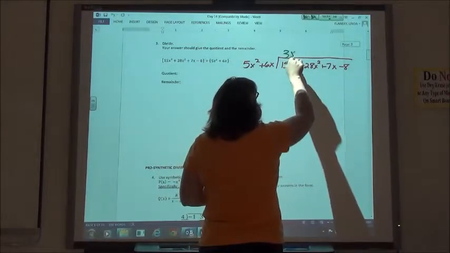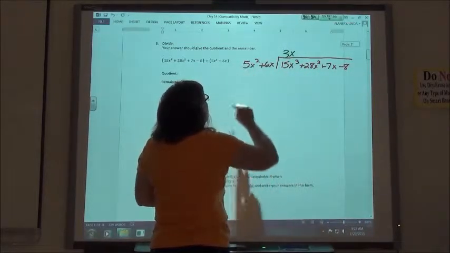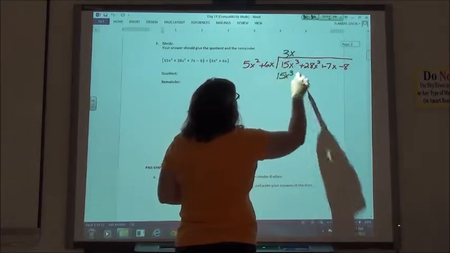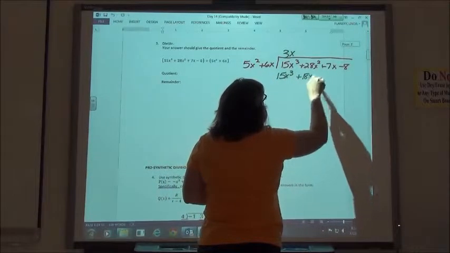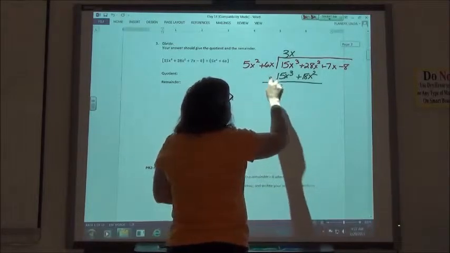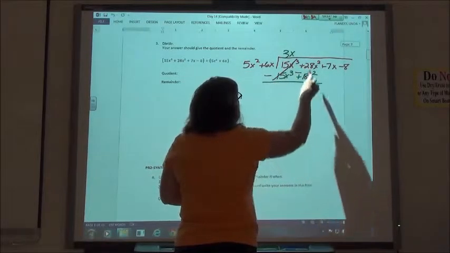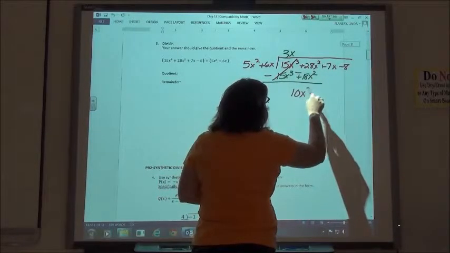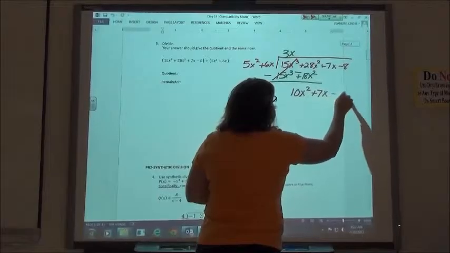I just need a 3x. 3x times 5x squared is 15x cubed. 3x times 6x is 18x squared. Then I have to subtract. So I change my signs. 28 minus 18 would give me 10x squared plus 7x minus 8 then.